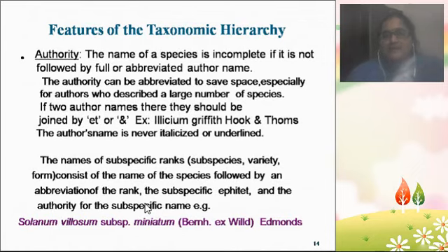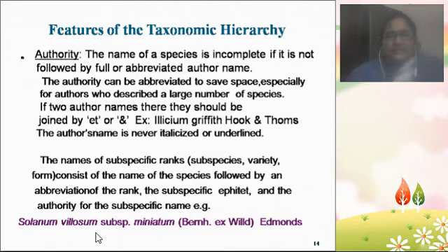If you are going to name a subspecies, which means a species consisting of many subspecies, first the species name should come, then the subspecies name. If you are going to name a variety, then first species, then subspecies, then variety name. So like that the nomenclature should follow.